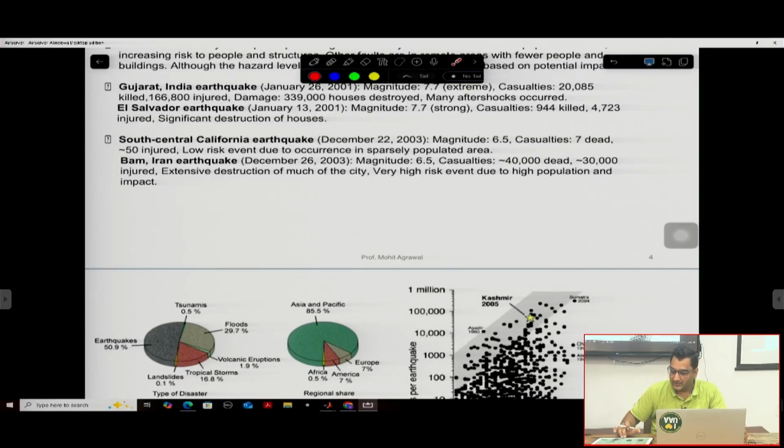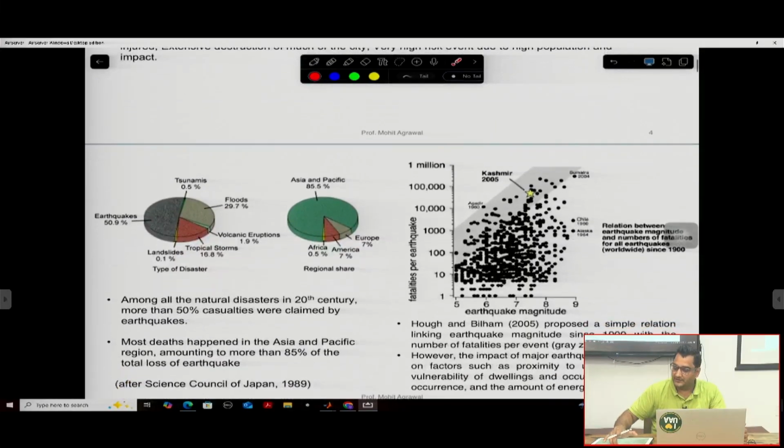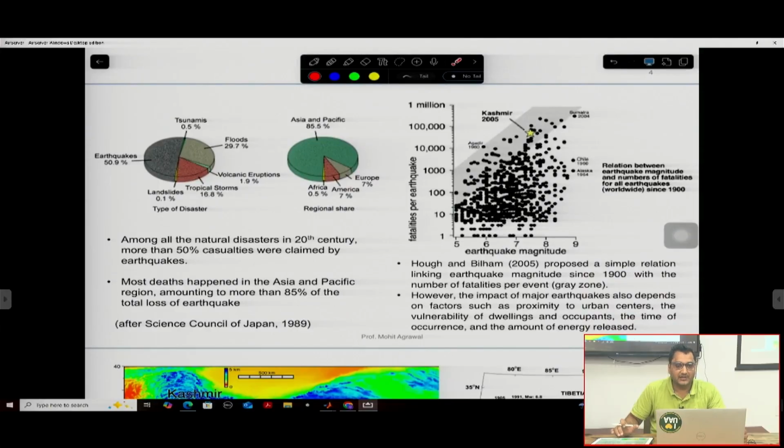Thereafter, we discussed this pie chart, and we saw that among all the natural disasters in the 20th century, more than 50% of casualties happened because of earthquakes all over the globe.